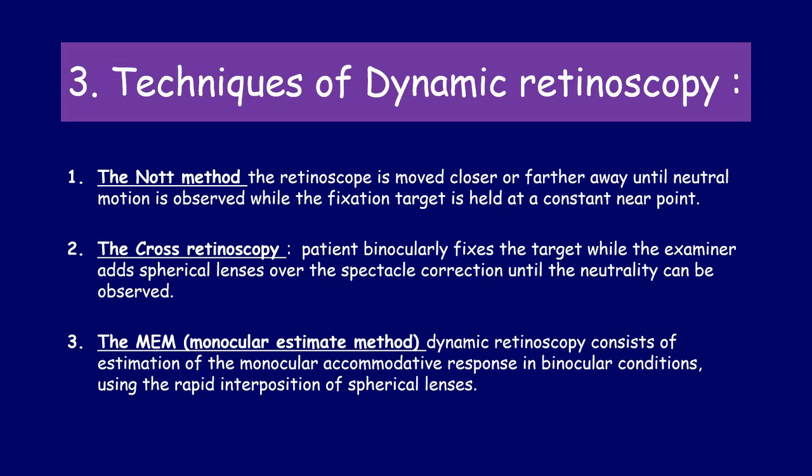In cross-retinoscopy, the patient binocularly fixes the target while the examiner adds spherical lenses over the spherical correction until neutrality is observed. The monocular estimate method of dynamic retinoscopy consists of estimation of a monocular accommodative response in binocular conditions using a rapid interposition of spherical lenses.